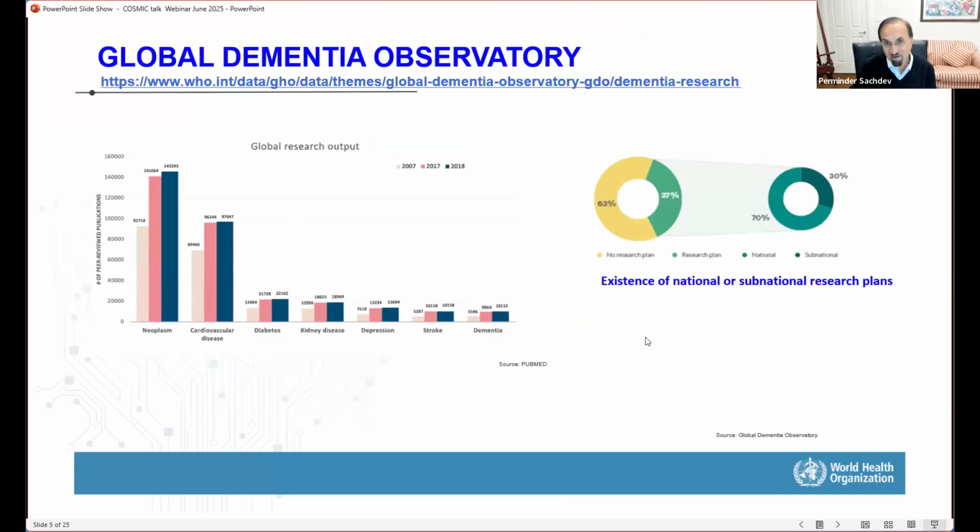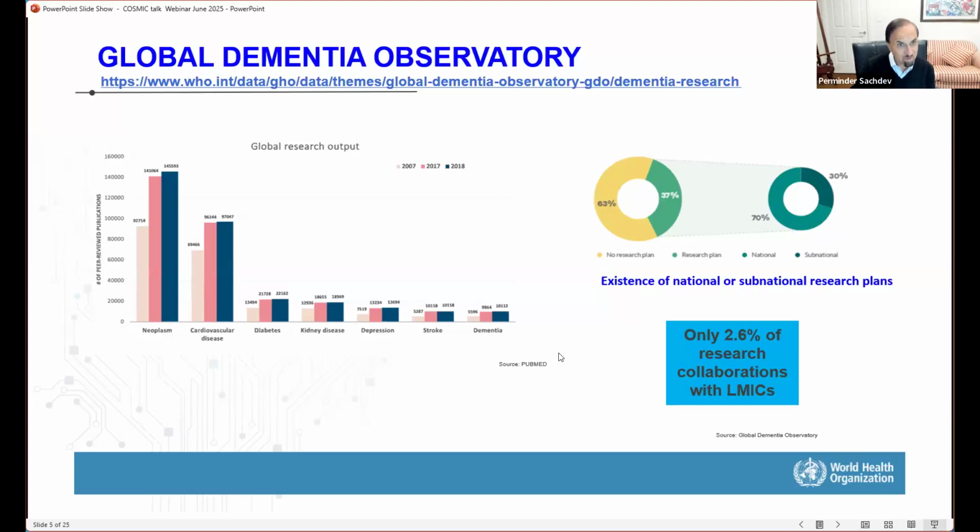We also lag behind in terms of the national and subnational plans for research. Relatively few countries have dementia research plans. And also inequity in terms of LMICs, again, the low and middle income countries, that a very small proportion of the research on dementia is being done in LMICs. It is growing, but not rapidly enough.